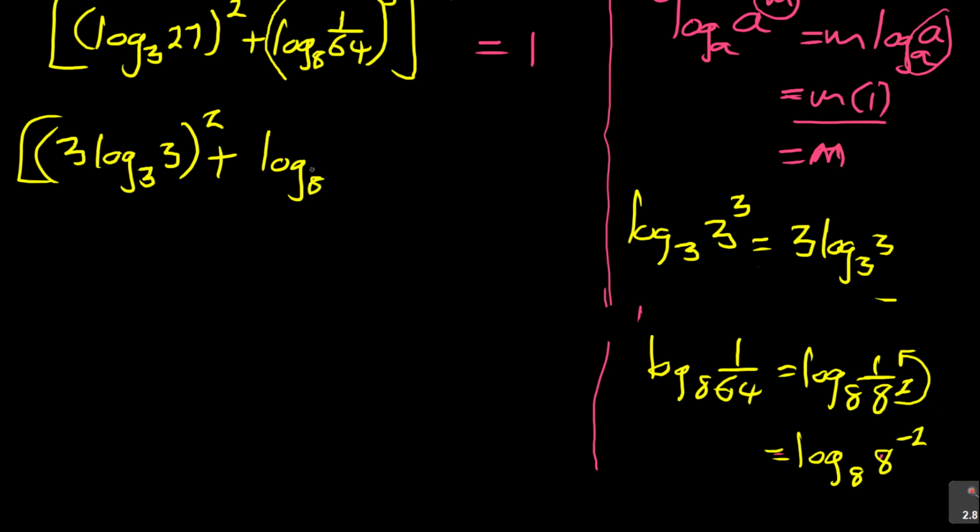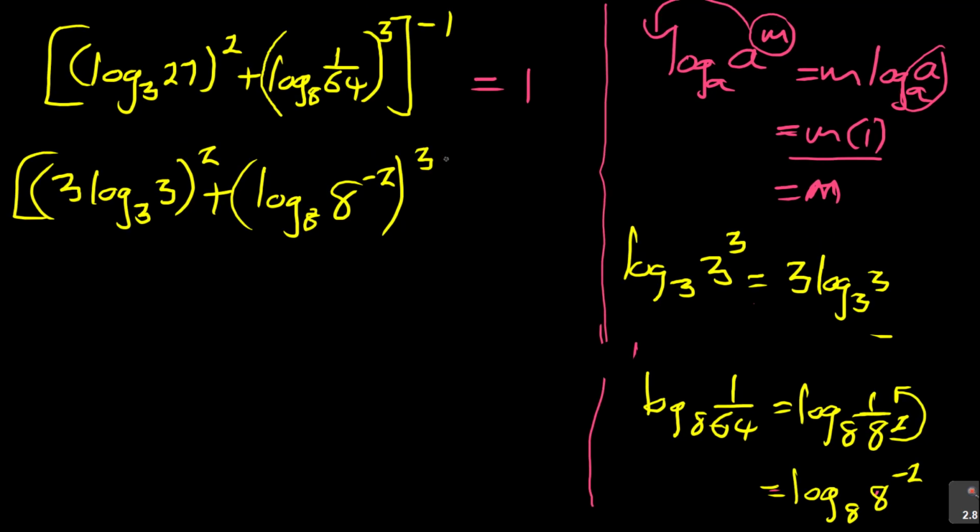I'm gonna have 8 to the power negative 2, and then in brackets I have power 3, and then close the bracket is negative 1. Alright, continue. This is equal to 3 times 1, and then 3 times 1 squared, plus, now as I said, this negative 2, you can drop it.